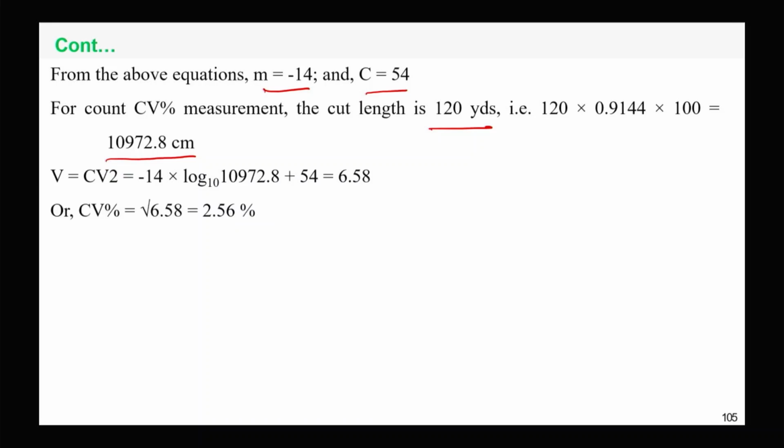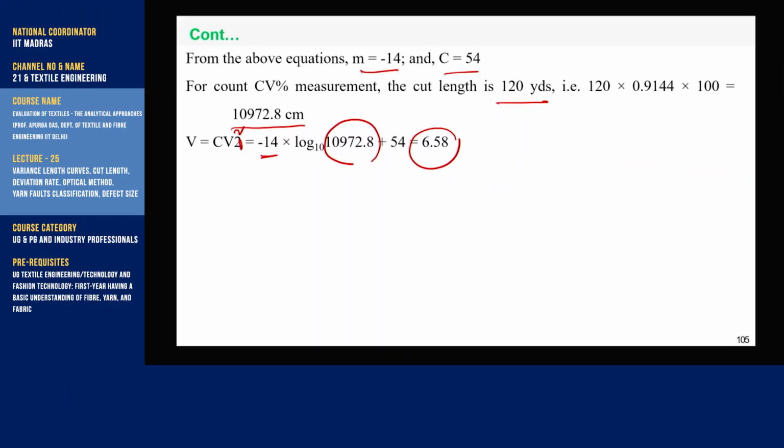And then using that cut length in the equation and replacing the constants m and c, we get CV square, this is not CV2, this will be CV square, it will become 6.58, and CV percent will be under root 6.58, it will be 2.56%.